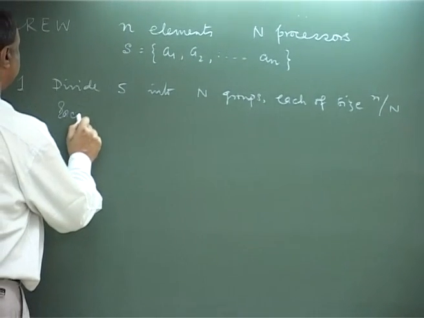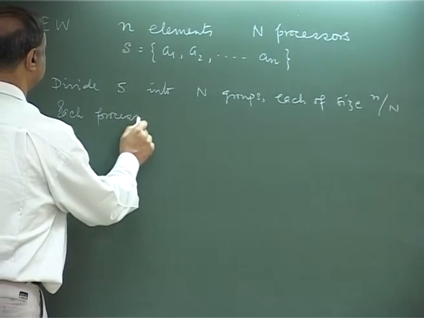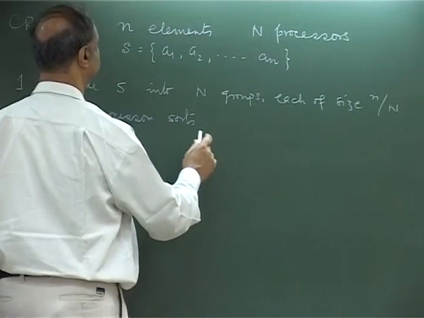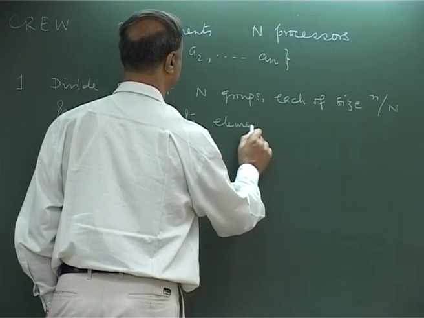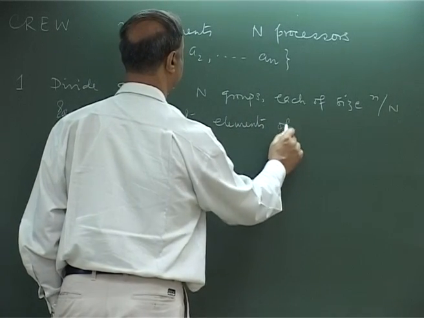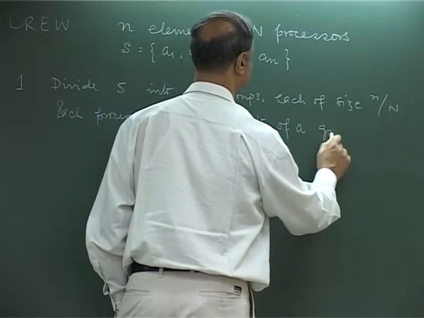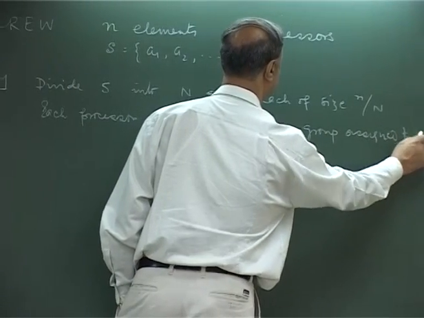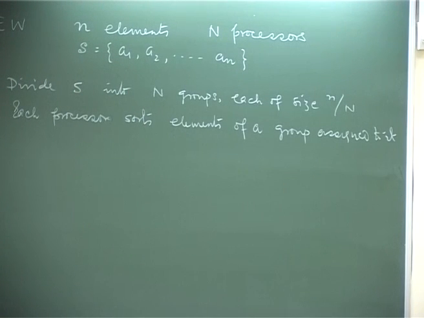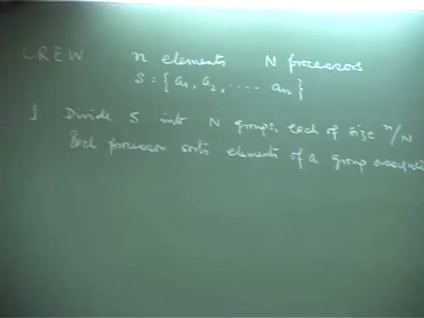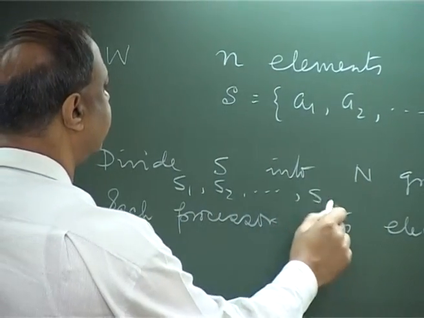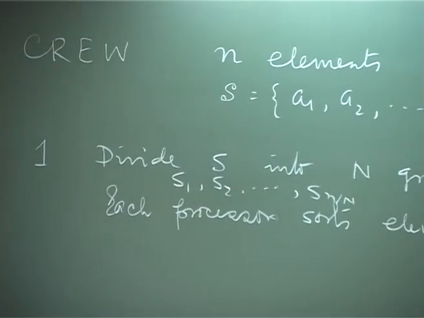So you basically have groups, each group having n by n elements, and let us assume that S1, S2, S3 up to Sn by n are the groups.